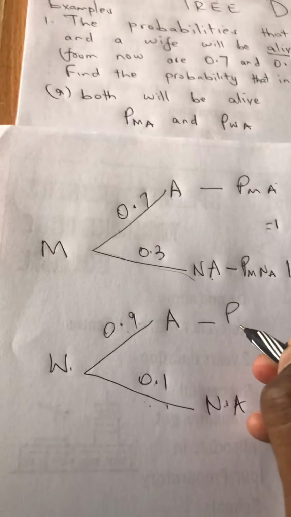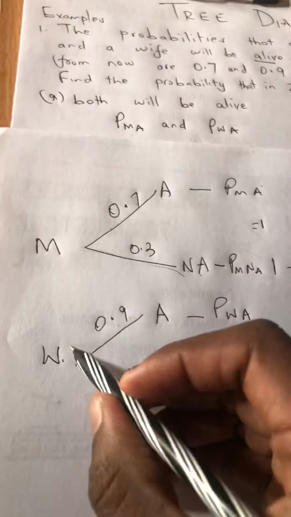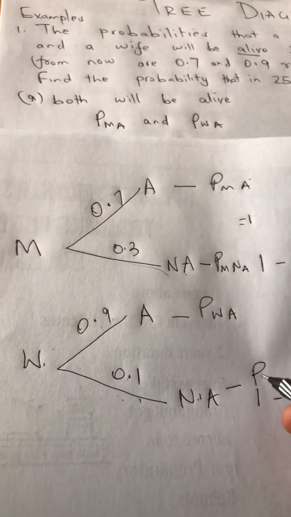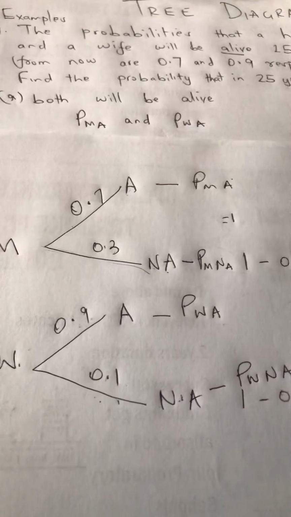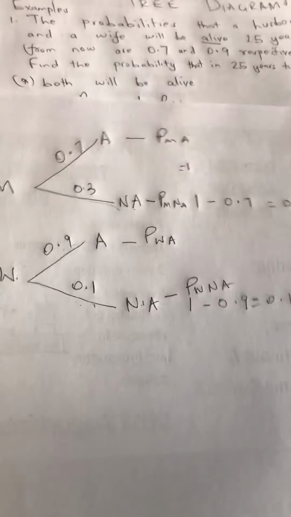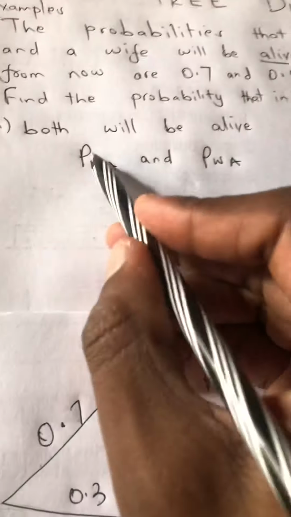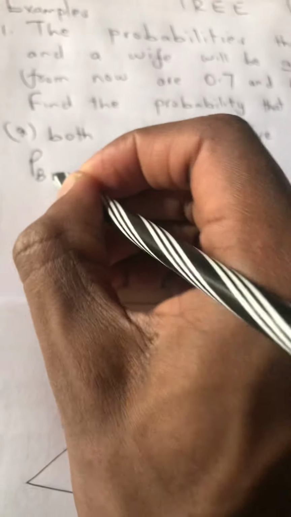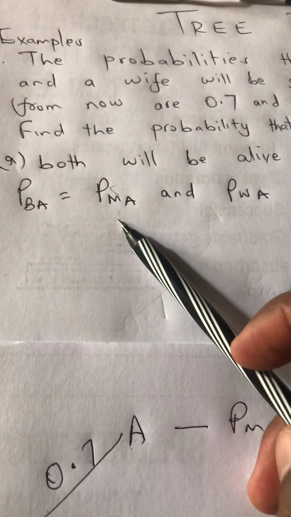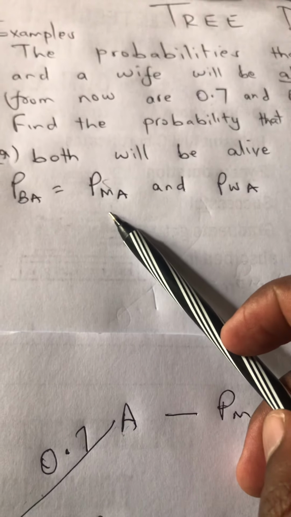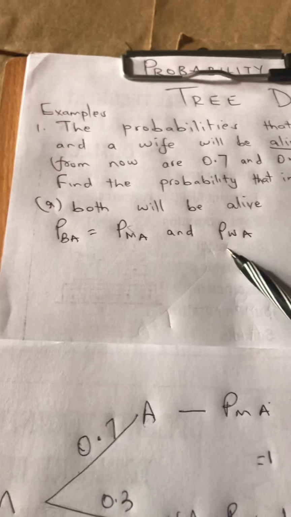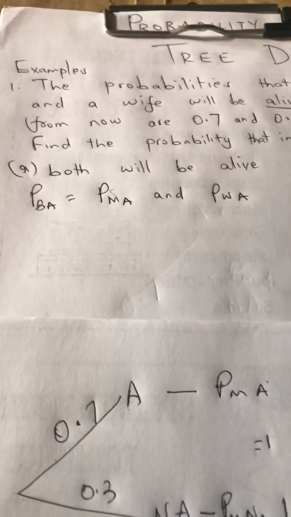This is the probability of the wife alive in 25 years time, and this is the probability of the wife not alive in 25 years time. Now, the probability that both will be alive in 25 years time is the probability that the man is alive in 25 years time and the probability that the wife is alive in 25 years time.